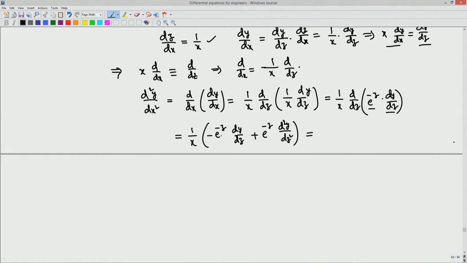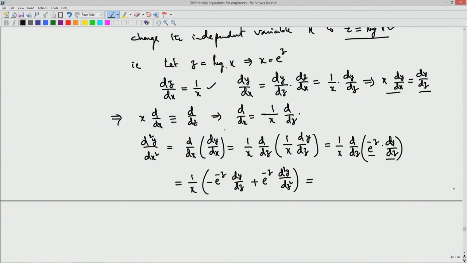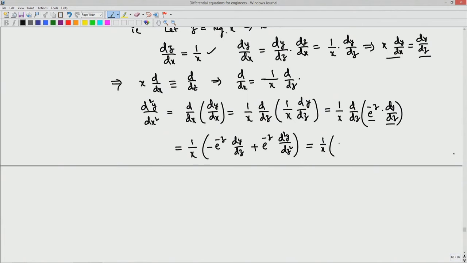So this is 1 by x times minus 1 by x dy by dz plus 1 by x times d square y by dz square, which equals minus 1 by x square dy by dz plus 1 by x square d square y by dz square.